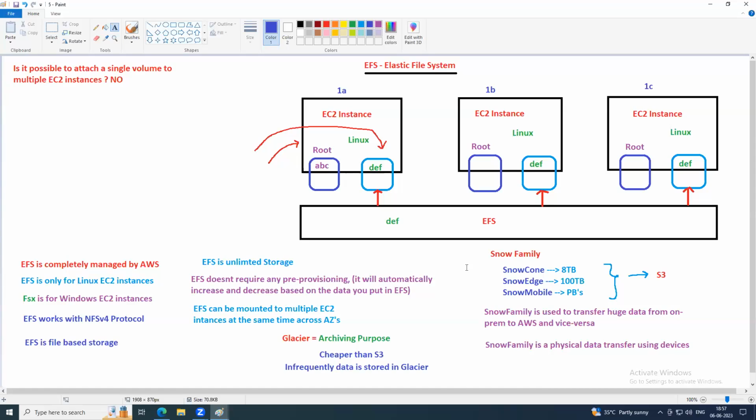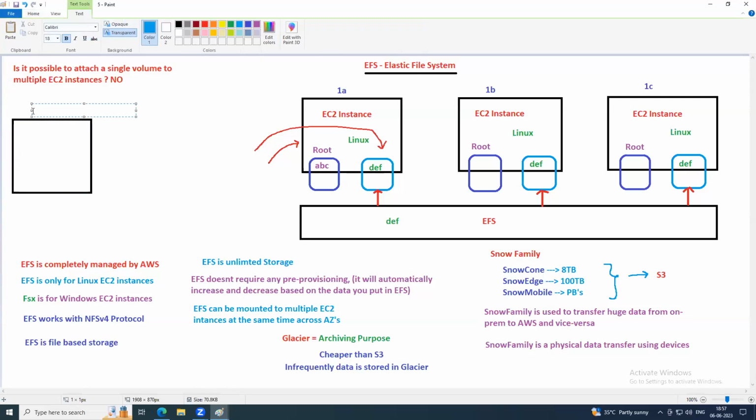Okay, now Chitty, here. This is your on-premises. This is your on-prem. Yes, data size reduces.